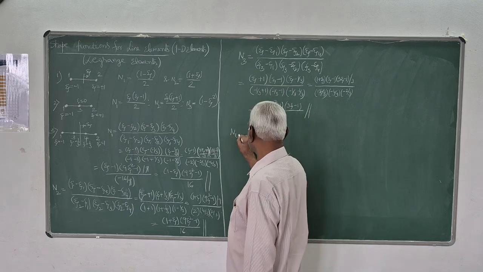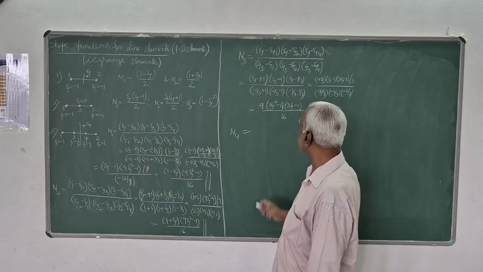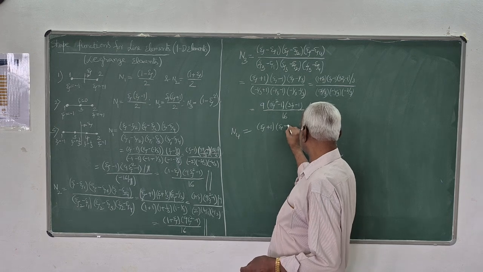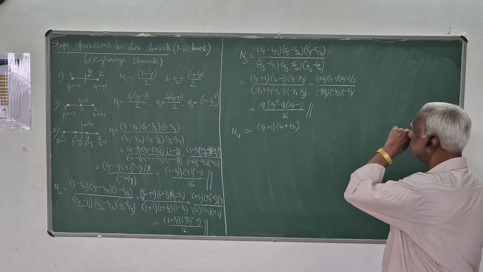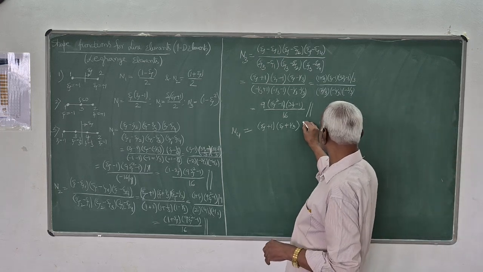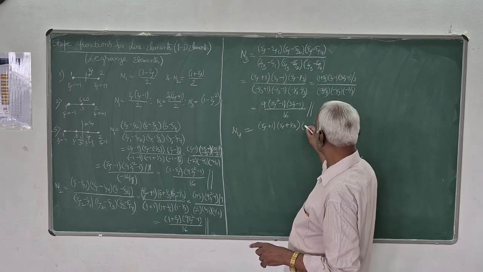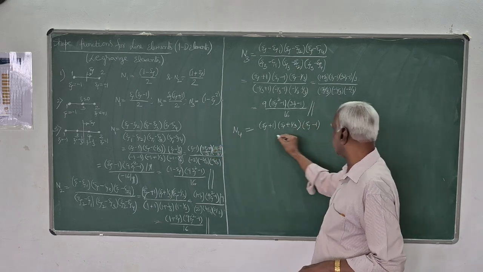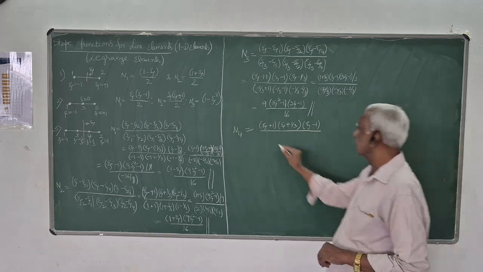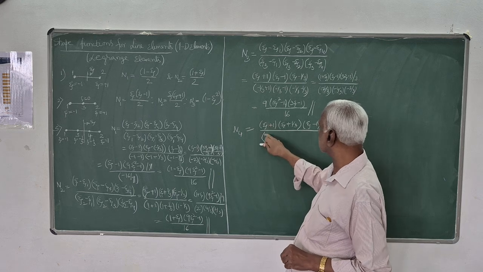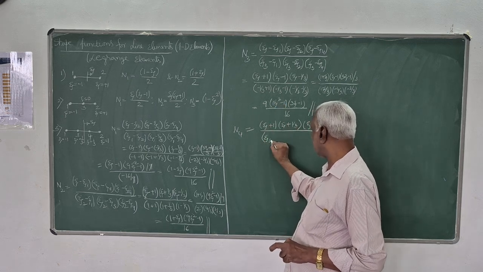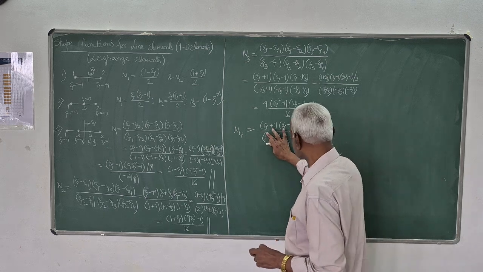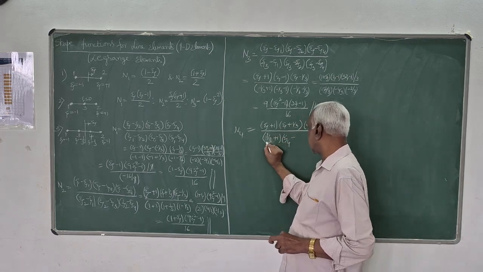On the same lines for node 4, the shape function, that is psi minus of minus 1, that is plus 1, into psi plus 1 by 3, into psi minus 1, divided by psi 4. Psi 4 is 1 by 3, so psi 4 plus 1, you can substitute straight away: 1 by 3 plus 1.